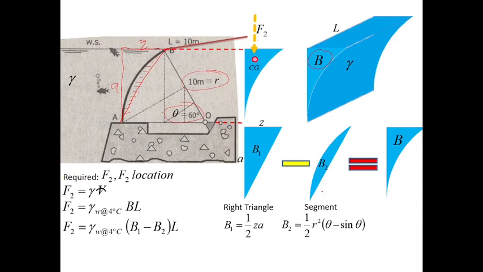Sa geometry na tinuturo yan ng high school, kung naturo man sa inyo. So, the area of the segment, yan, segment ng isang circle. Kasi, kung ito yung circle, hatiin ko siya dito, ang tawag dyan ay segment.